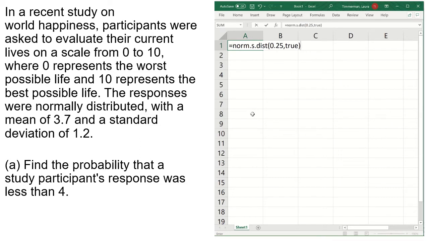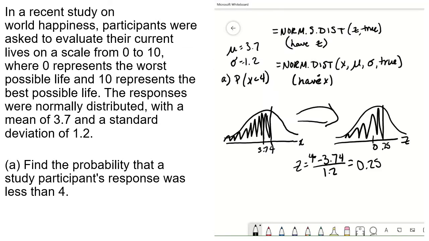So we're using the word true here because we're talking about a cumulative distribution, the standard normal to be exact. And so we want everything up to 4, so we'll mark that as true. And it gives us that probability. It's always going to give the left-hand side, but if you go back to our picture, we want the left-hand side probability. So that's going to be the correct one.